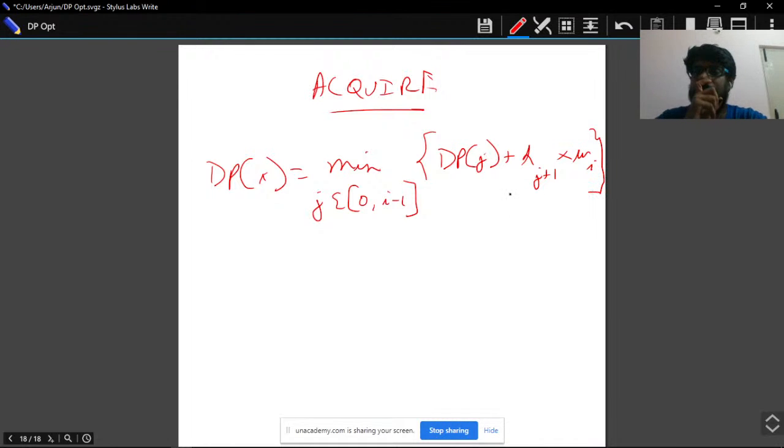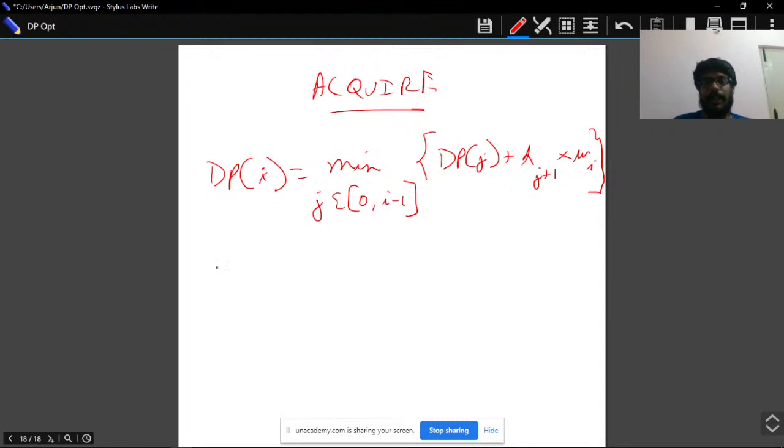So this was the DP equation, right? And now, why do we say this is CHT-able, right? How do we make this into a CHT problem? So the point here is, when I'm computing DP of i, what I want is the minimum over some j things, right? But it's not obvious how this is mx plus c.